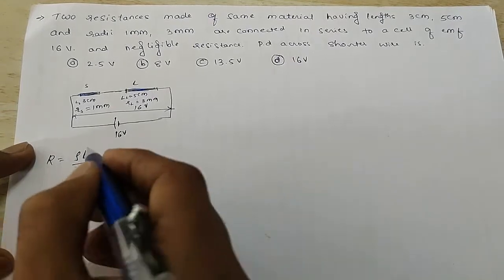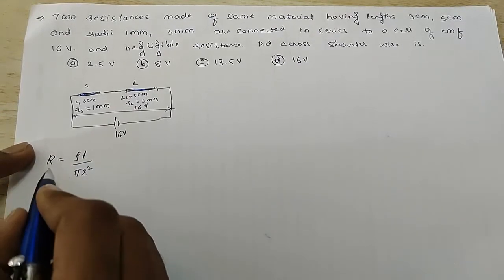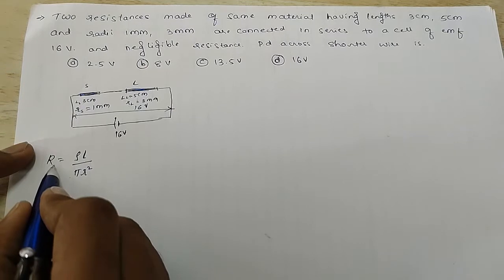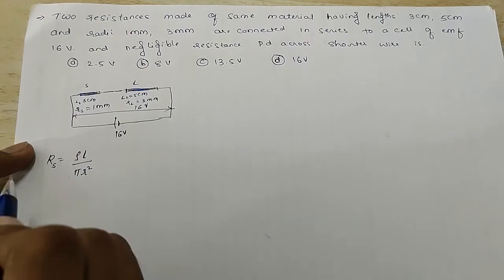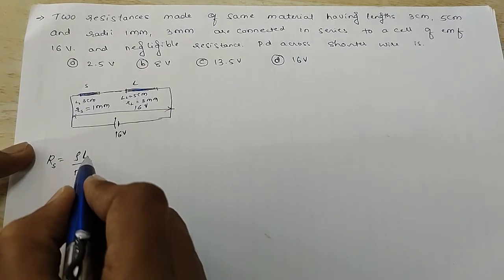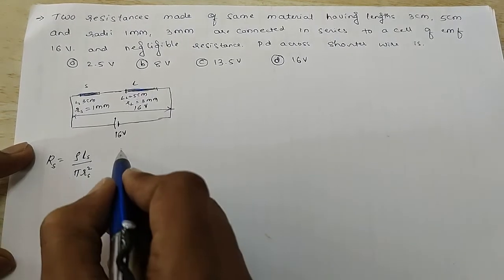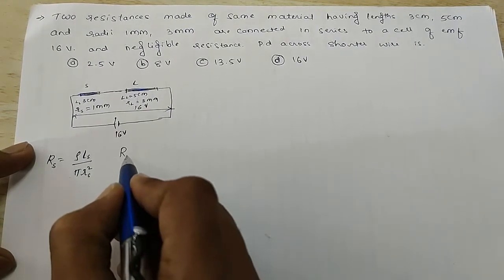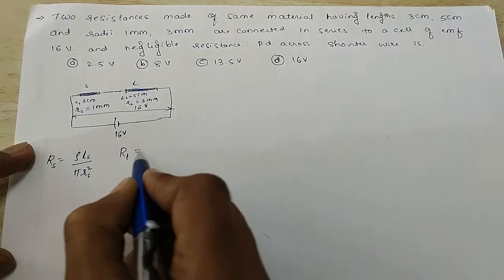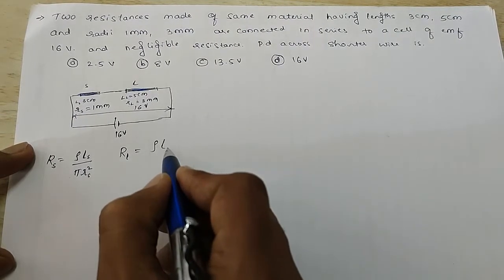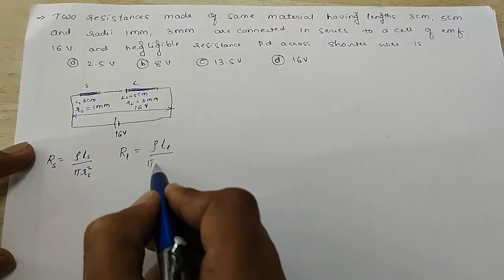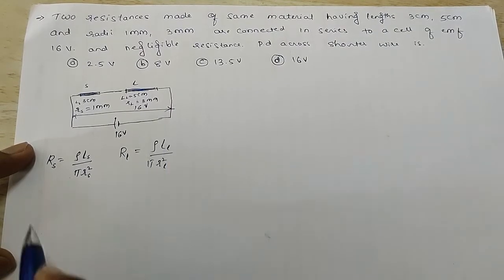So the resistance of the smaller wire RS is rho LS divided by pi RS square, and similarly for the longer wire RL is rho LL divided by pi RL square.